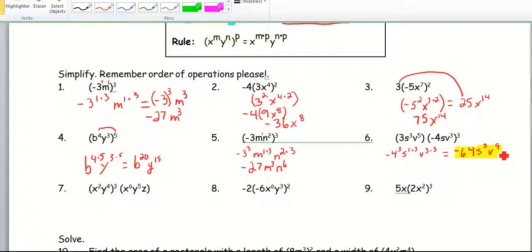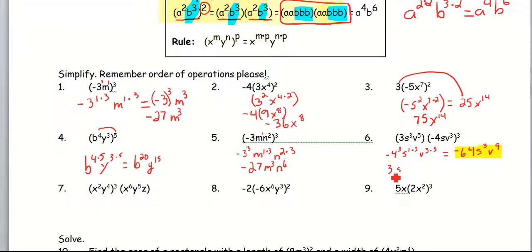So I have 3s to the third, v to the fifth. I'm just rewriting this right here. Times negative 64 s to the third, v to the ninth.